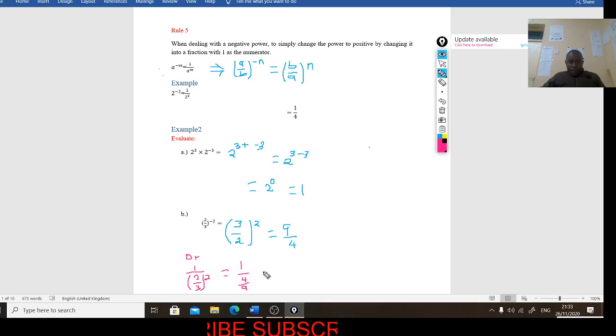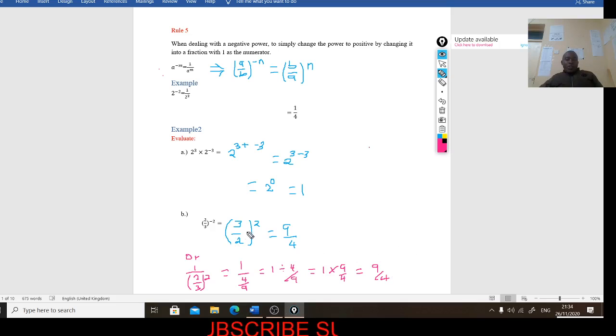That is 1 divided by 4 over 9, which is 1 times 9 over 4. And this will give you 9 over 4.